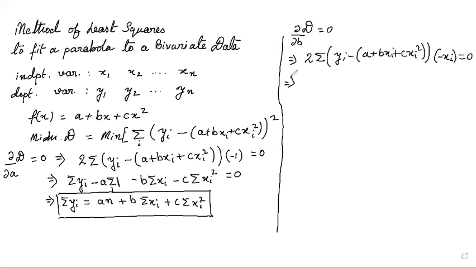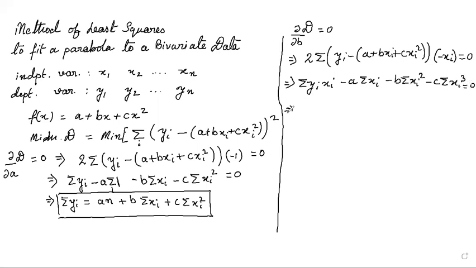After simplifying, we get summation xi yi minus a summation xi minus b summation xi square minus c summation xi cube equals 0.